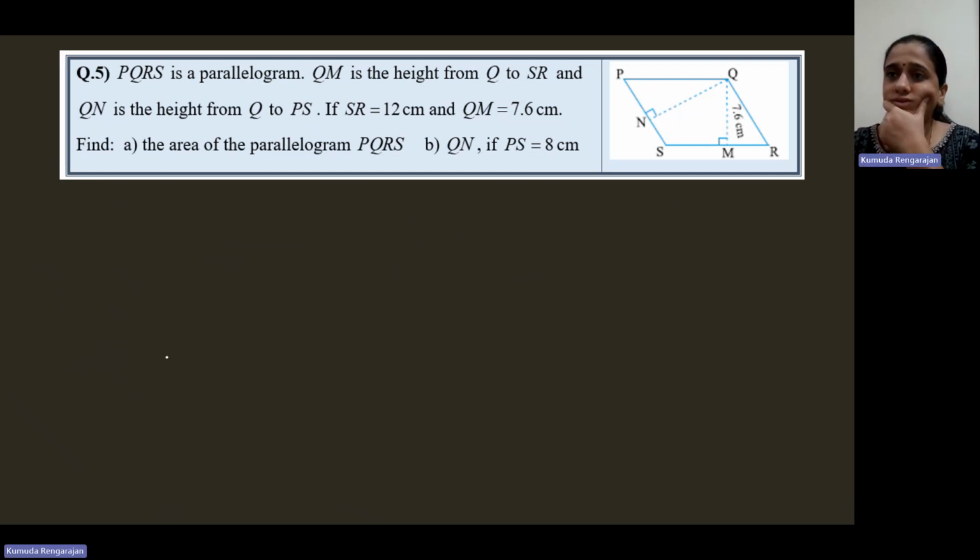Read the question. Tell me how we do this. You need to first find the area of the parallelogram.